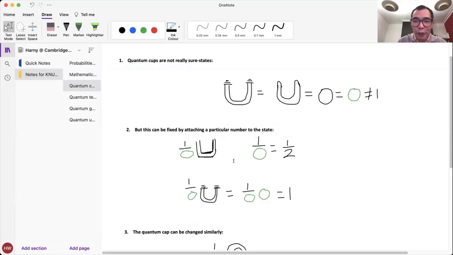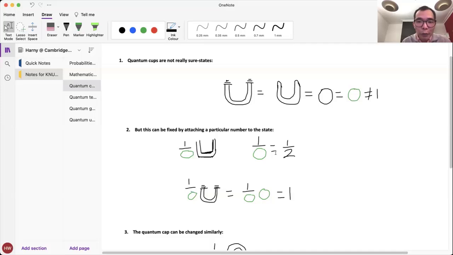We just need to multiply the quantum cap with a number. We put the inverse of the green circle, which is 1 over the circle, which is just 1 over 2.